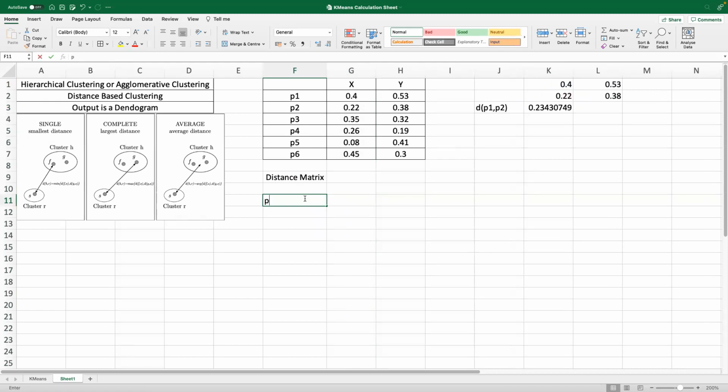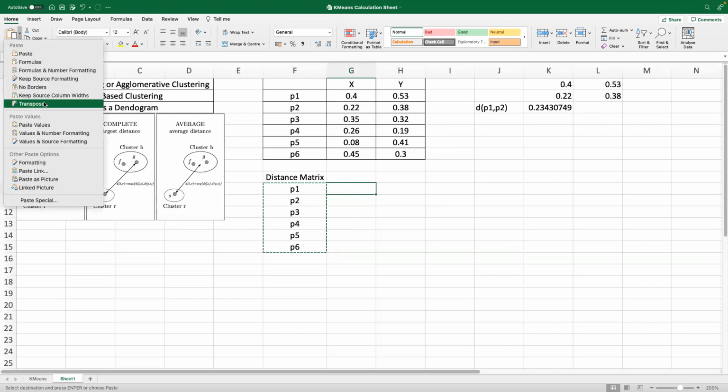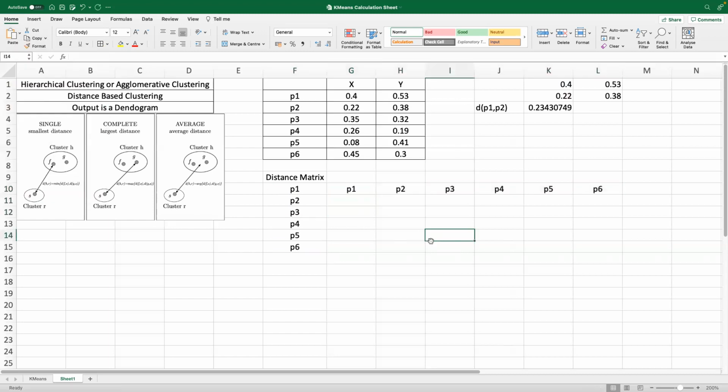So we will have P1, P2, P3, P4, P5, P6, and similarly we will also have the same distances as the transpose, so this has to be down.